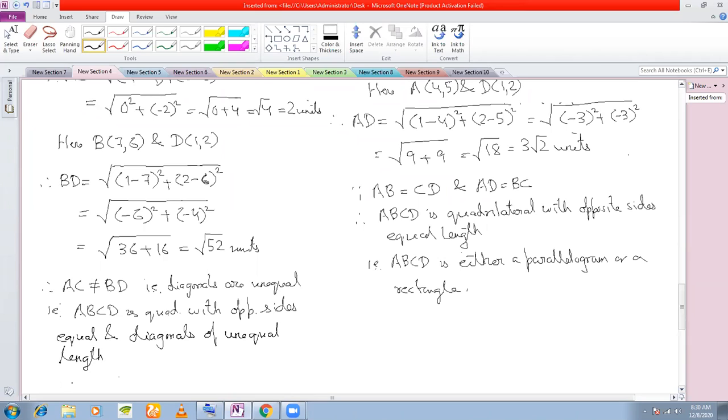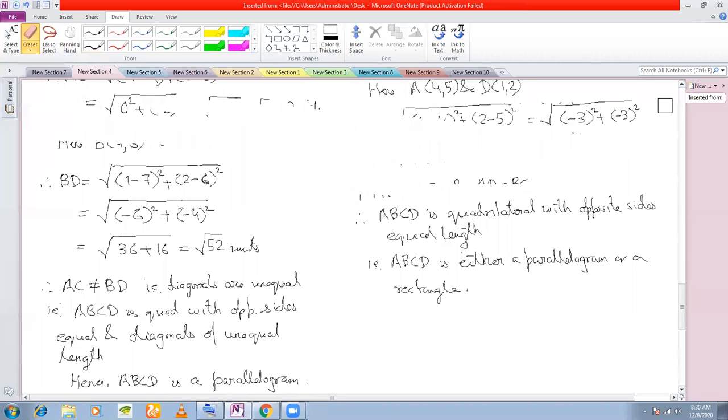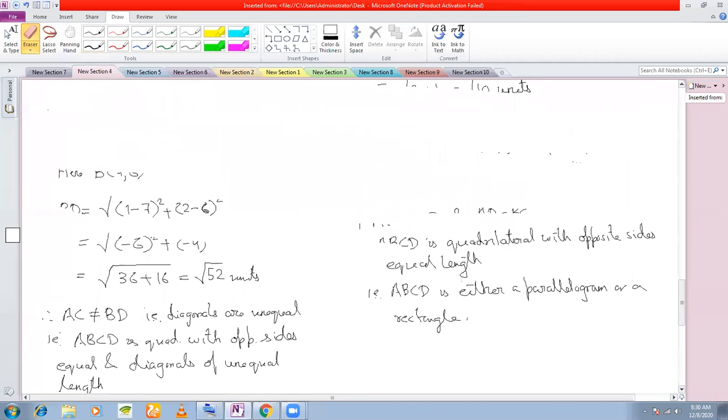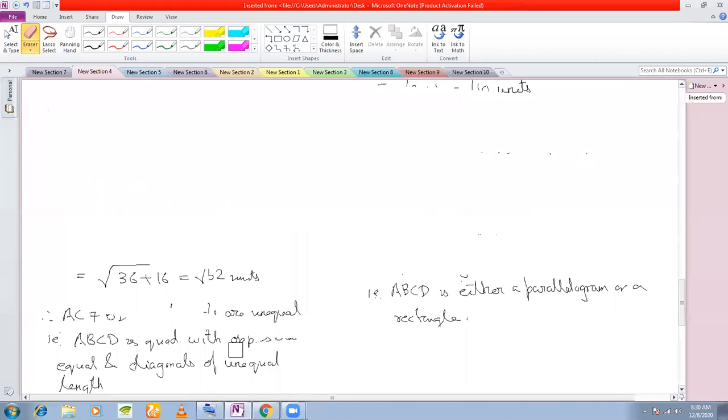Hence, ABCD is a parallelogram. That's it. Okay, that is the solution for this one. Any questions on this problem? If not, then I can move on to the last question of this exercise and finish the distance formula.